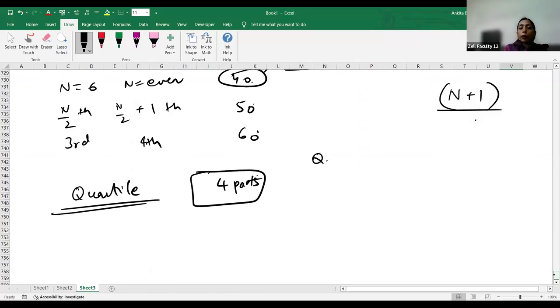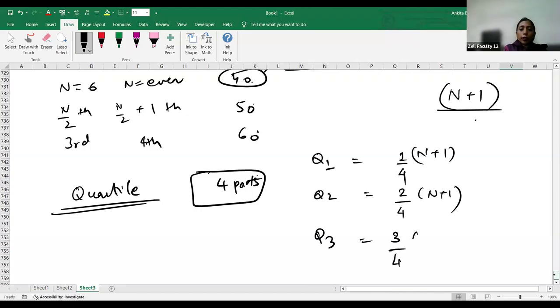So if you want to locate Q1, Q2, Q3: because Q1 is the first quartile and the distribution is divided into 4 parts, I'll do 1 by 4 into (n plus 1). Q2 will be 2 by 4 into (n plus 1), and Q3 would be 3 by 4 into (n plus 1). These would be the positions where I'll get Q1, Q2, and Q3.